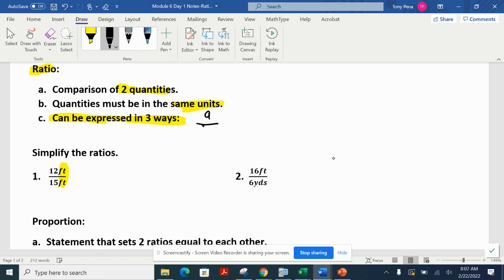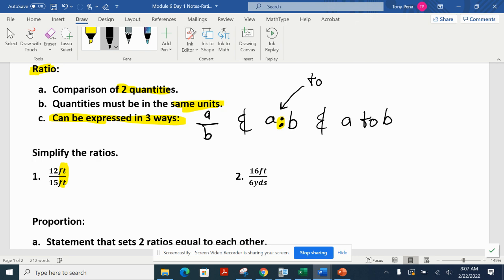So we'll just put this as A over B. Another really, really common way, you've probably seen this for varying things, is using a colon, A to B. So whenever we see this little colon right here, that is read as the word to. So A compared to B, A to B. Because that's what it means, you will also just see it written with the words A to B. All right, it's basically a comparison of two numbers.